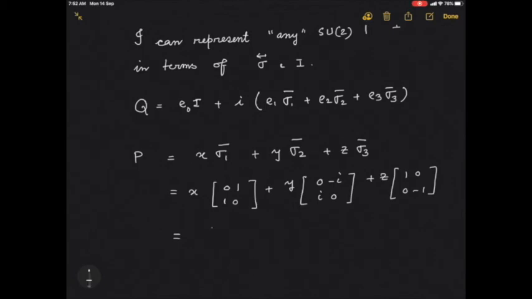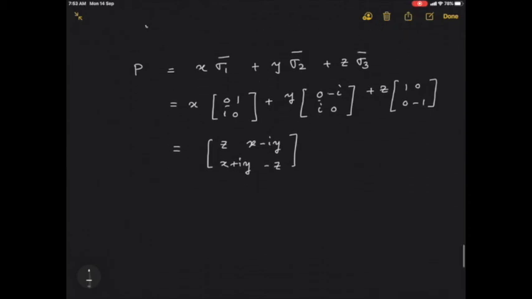So if I just do matrix addition, you will get in the first entry Z, because both of these are 0. In here I will get X minus IY. Here I will get X plus IY. And the other diagonal component will be minus Z, which is essentially what our P was, right? So this makes sense.